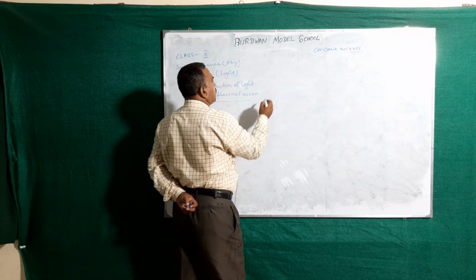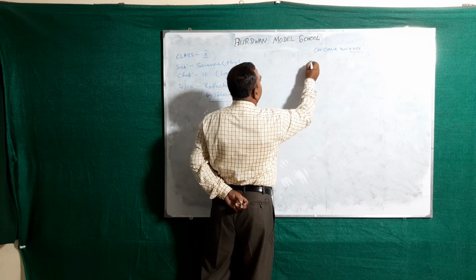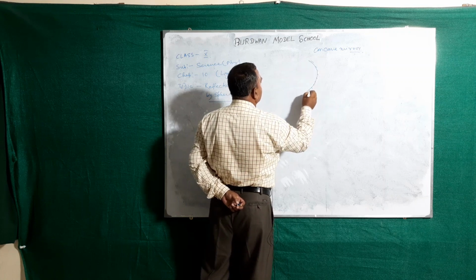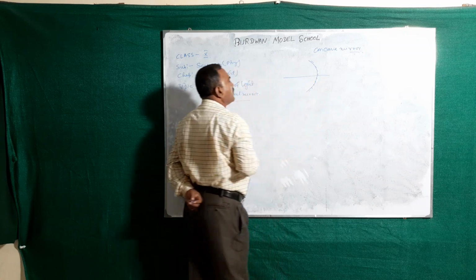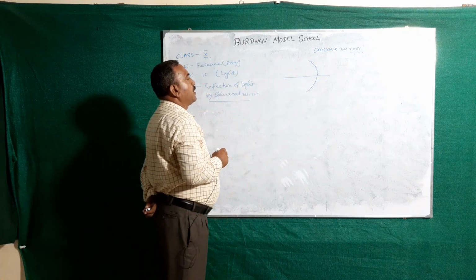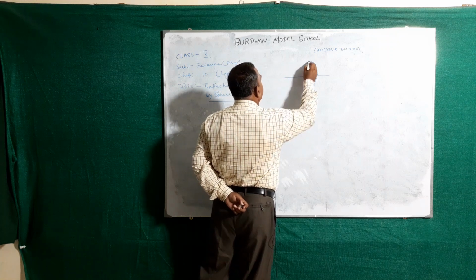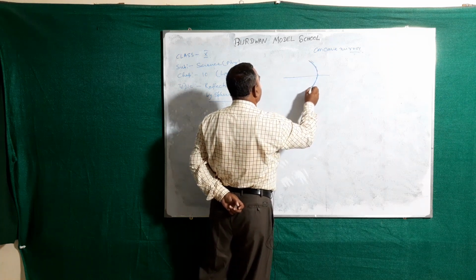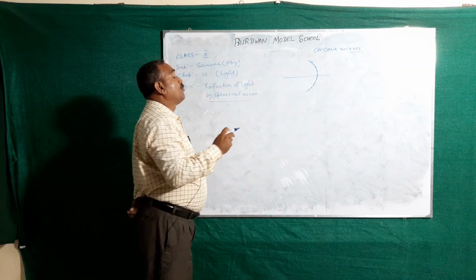Suppose you draw it with the help of a compass, scale and pencil. The radius of the spherical part is 4 centimeter.